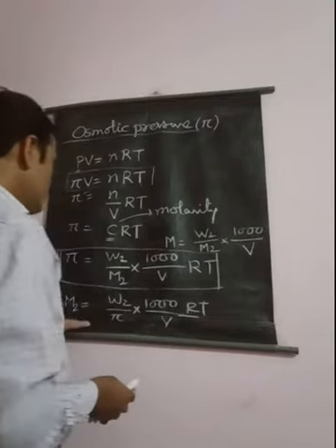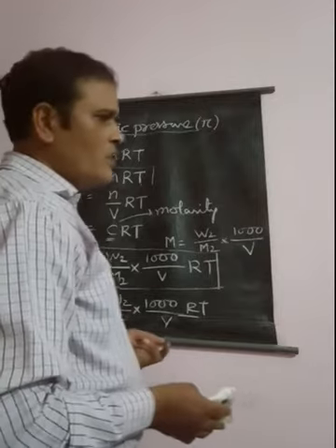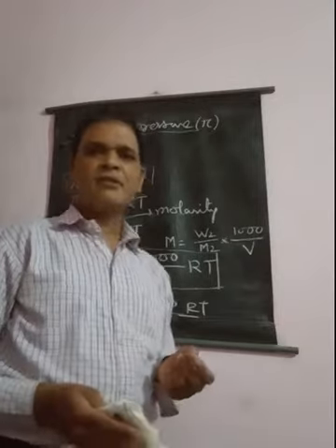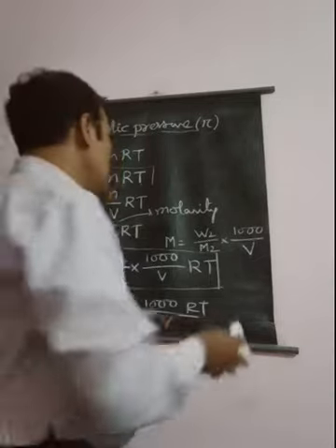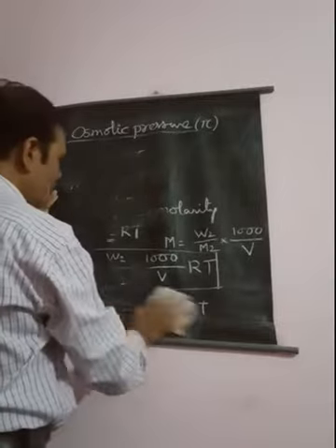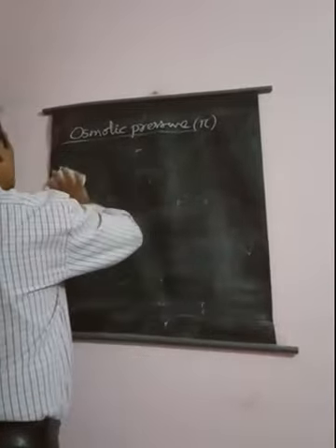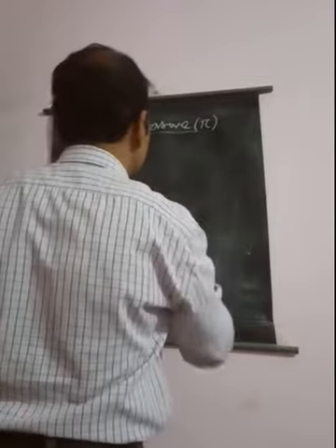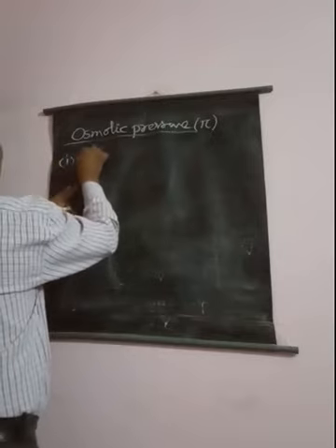Now, on the basis of osmotic pressure, or on the basis of the osmosis process, we can again divide our solutions into three types. What are those three types? One type of solution is known as isotonic solution.